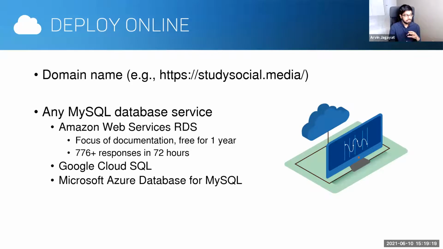And you can also deploy it online, which I imagine a lot of people would want to do who are conducting research in online samples, particularly in pandemic times. All you really need is a domain name. So we just recently bought Study Social Media, and hook it up to some sort of database. Most of the documentation for this tool will focus on Amazon, because it's what was easy for us and will work for us, but it's database or server agnostic.